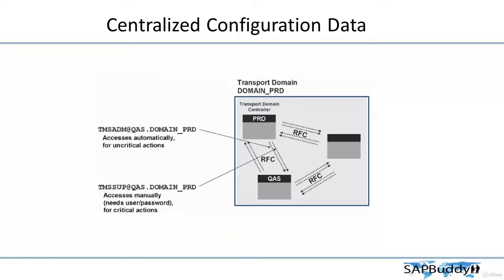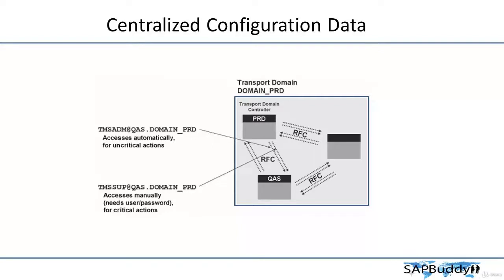Meaning to say, in the landscape, as we said, we can configure the system centrally, and we can distribute the configuration information using these RFCs. However, you can do much more than the configuration in the landscape to keep it together, for example, scheduling an import in a different system.